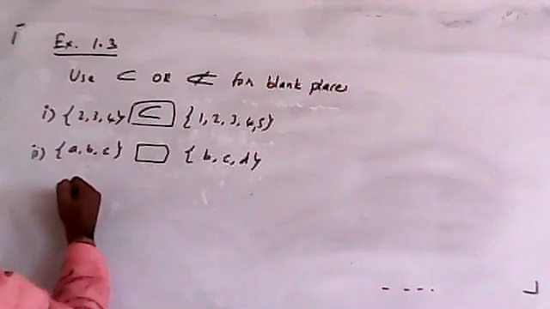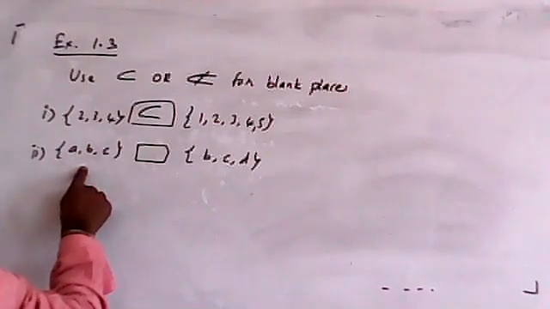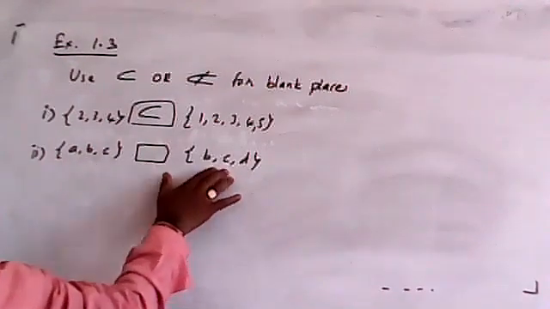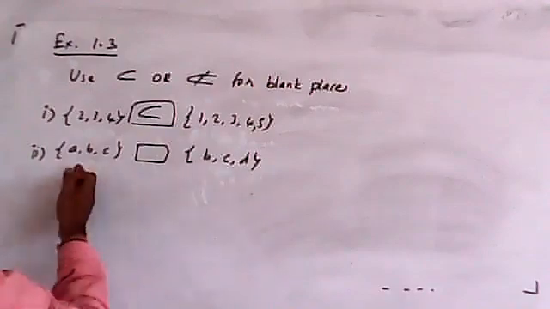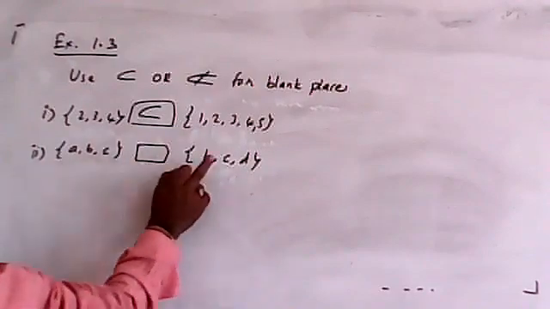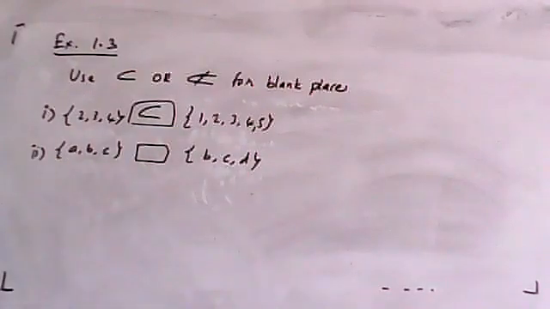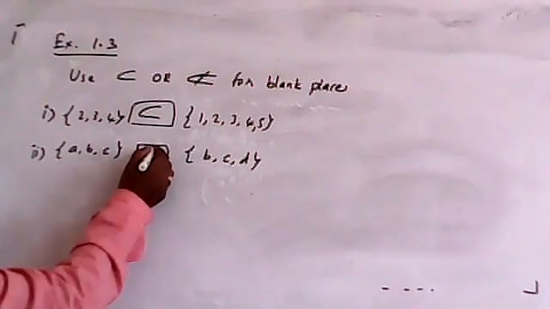What the definition says is that all elements of the set should be present in the other set. And even here, B, C are here, but D is there, and D is not here. So it is not a subset of this set.